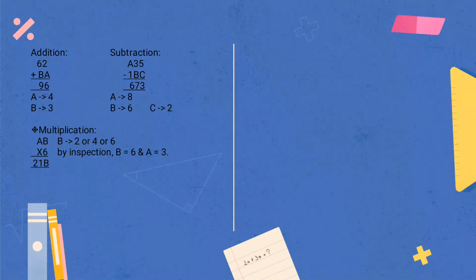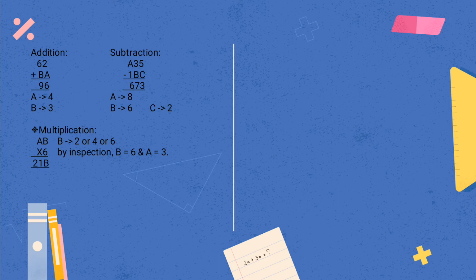Now you have to think of some value of A such that if you subtract 1 from it, you will get 6 in the answer, keeping in mind that you already took 1 as carry for 3, right? So by inspection we can see that A will have a value of 8.